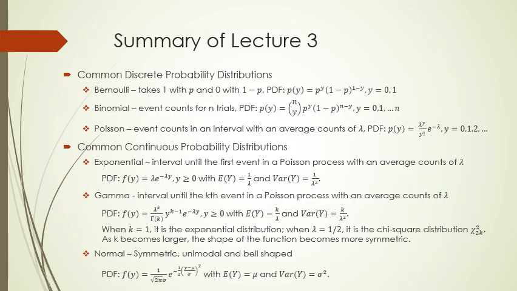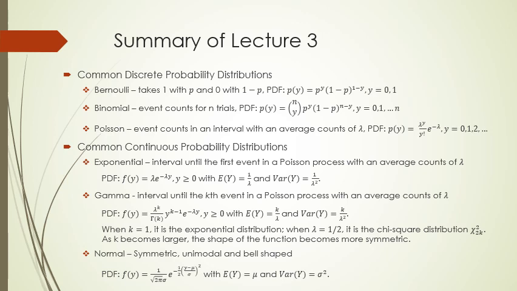In summary, we introduced some common distributions in this lecture. First, we discussed the three common discrete probability distributions: Bernoulli distribution, binomial distribution, and Poisson distribution.